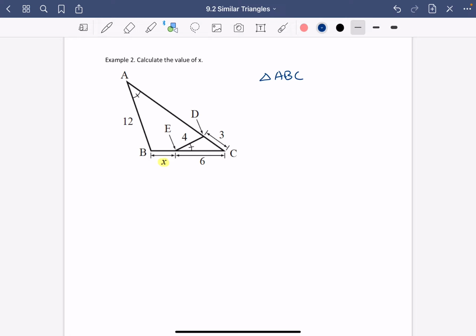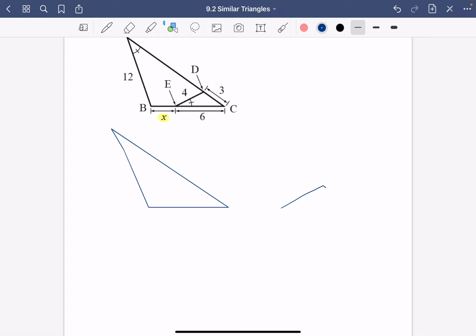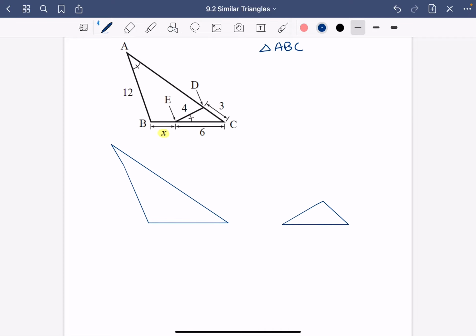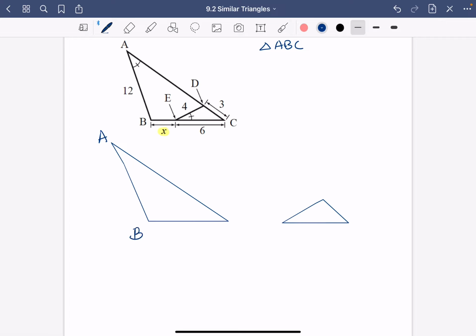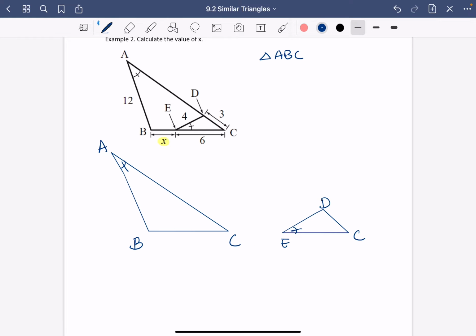So let me draw the triangle out just so it's easier for us to look at. Okay. So the big one is A, B, C, and the small one is B, D, C. And the question tells you already that angle A and angle E are equal to each other.